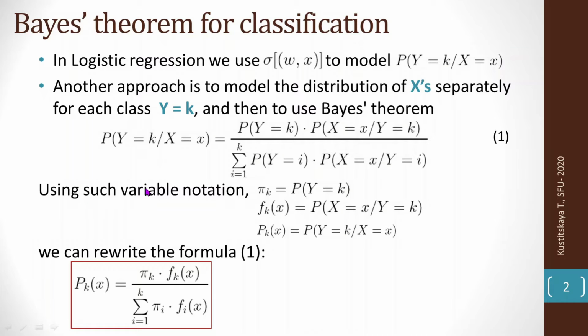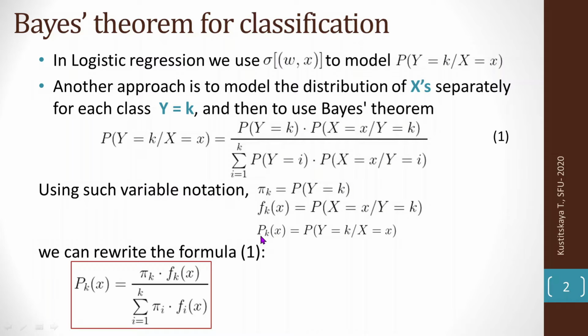Now we will use a variable notation to rewrite our formula. By the Greek letter pi with the index k, we will denote the prior probability of the kth class. By fk of x, we denote the density function of x.